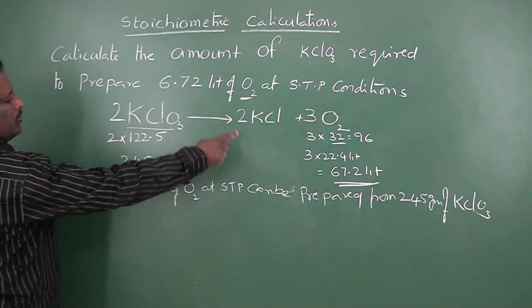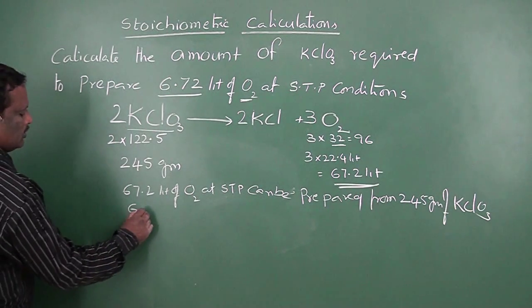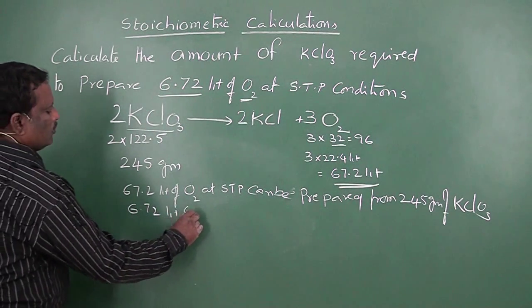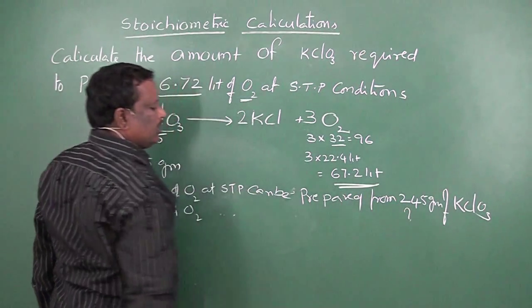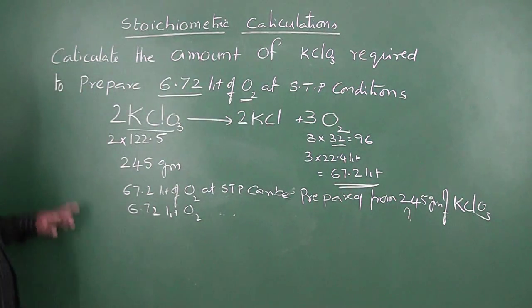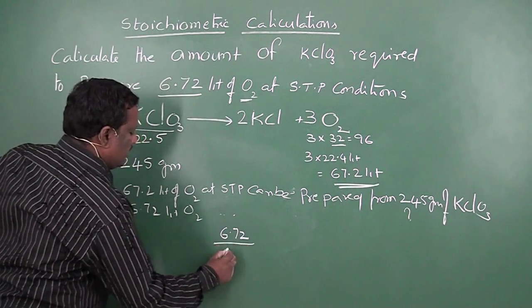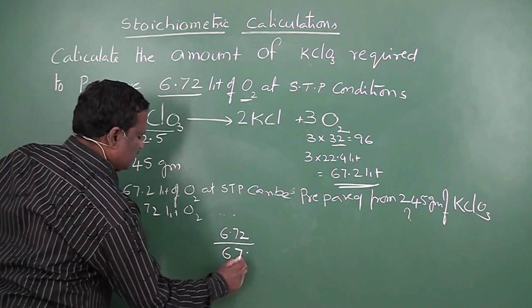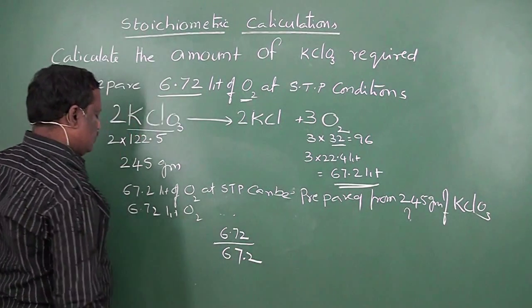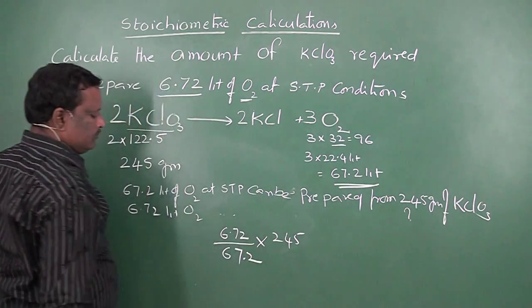Now here you should prepare 6.72 liters. 6.72 liters of O2 at STP conditions can be prepared from how many grams? So 6.72 by 67.2 into 245.